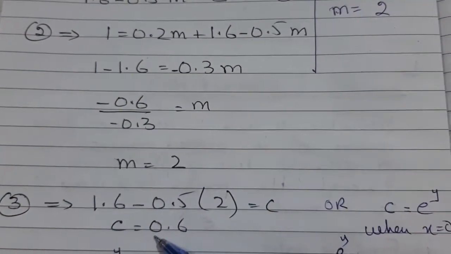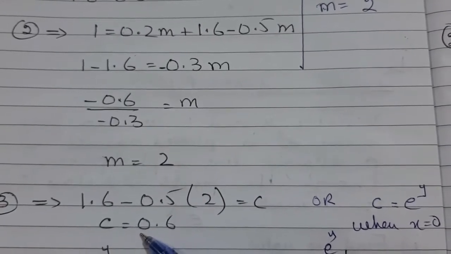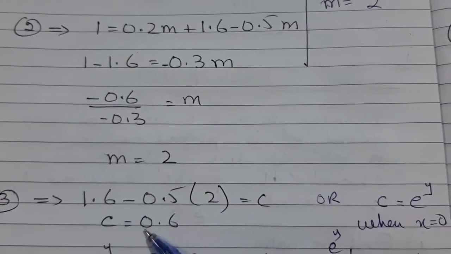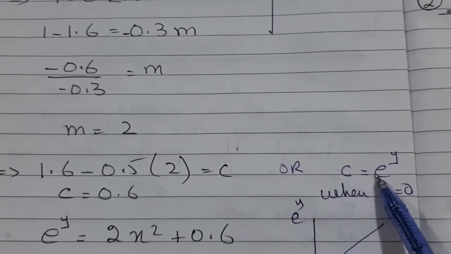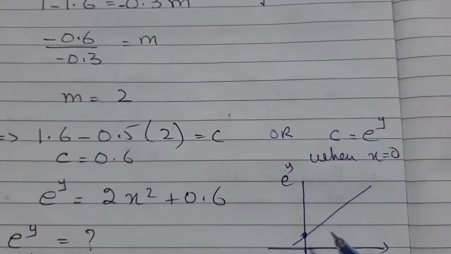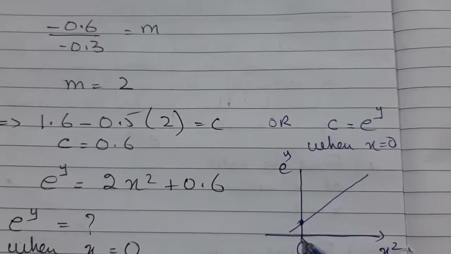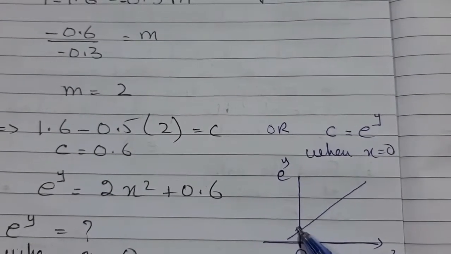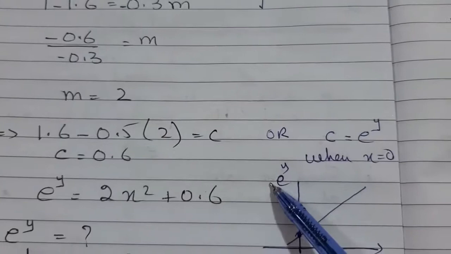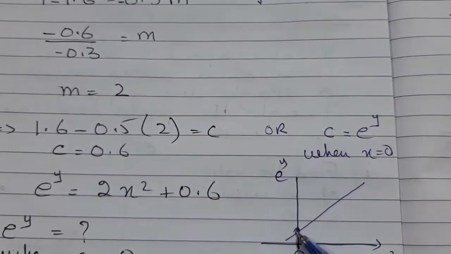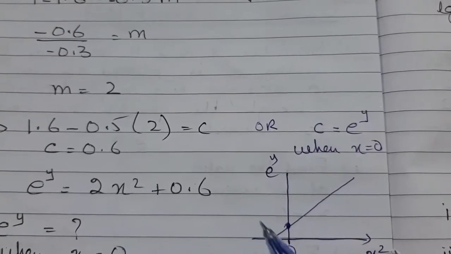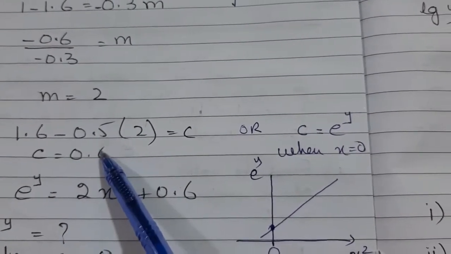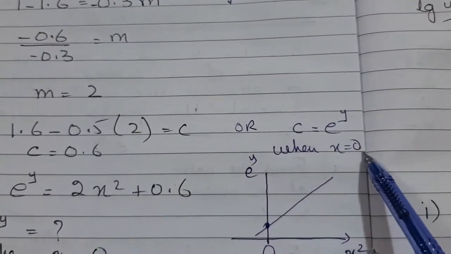Now, one way to find out the value of e power y when x is 0 is very quick. I just explained to you that in this case my c is e power y. The reason is, when x is 0, whatever the value here on the vertical line is representing the value of e power y, right? Makes sense? So I can say, okay, when x is 0, e power y is 0.6 directly.